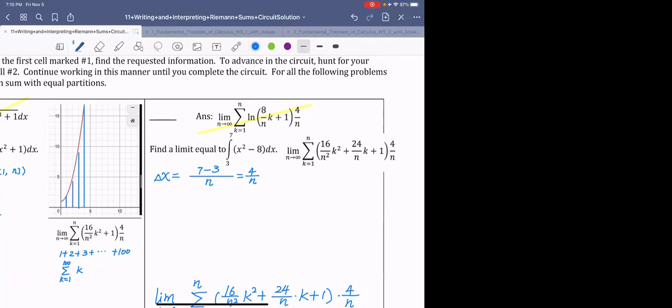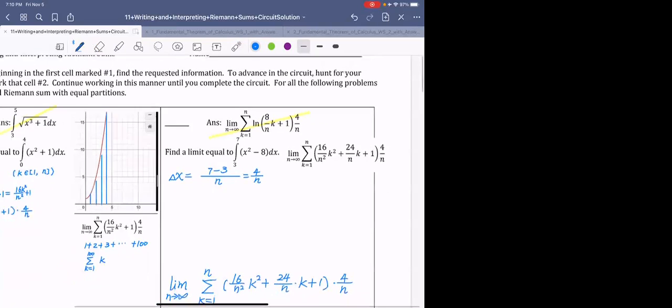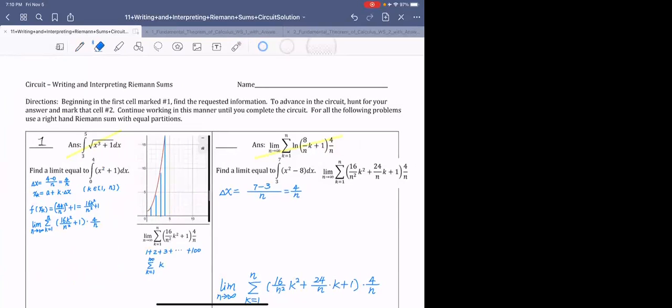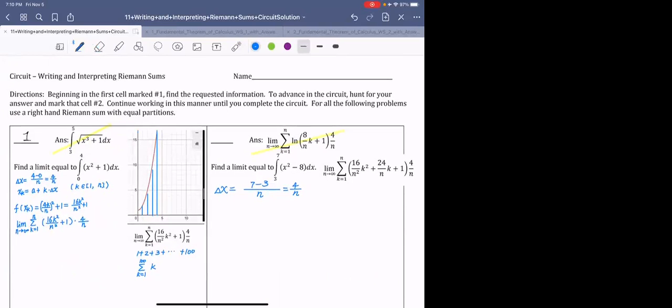I think I forgot the next step. Oh, right, xk equals a plus k times 4 over n.